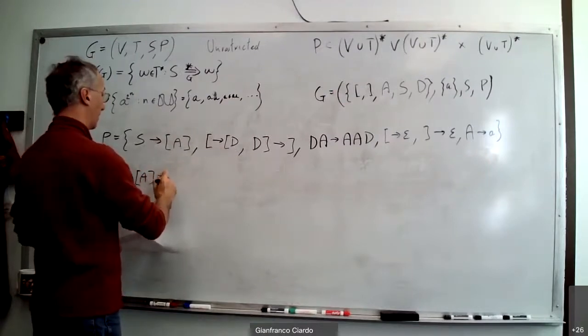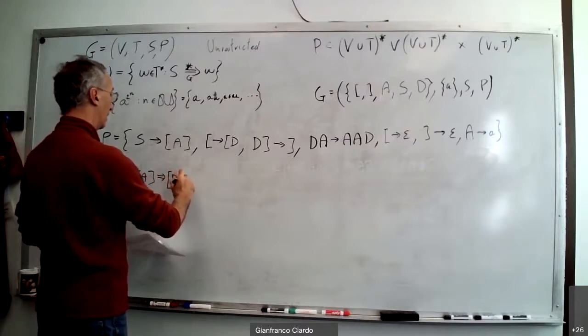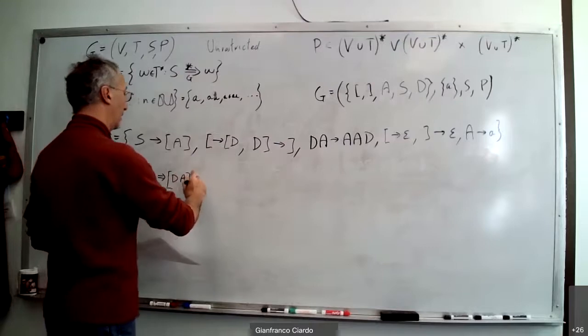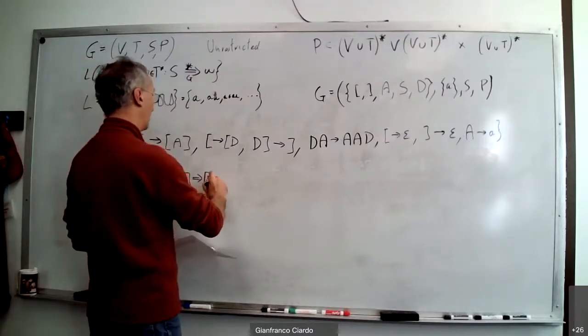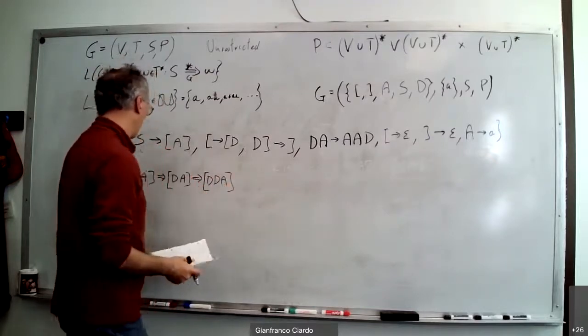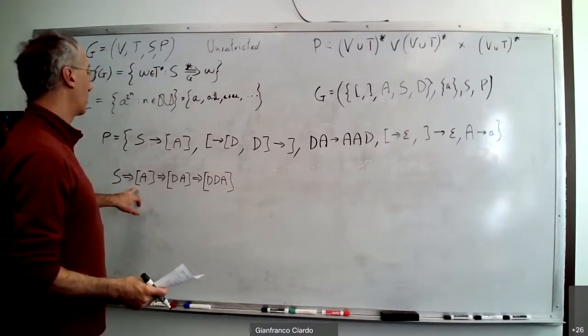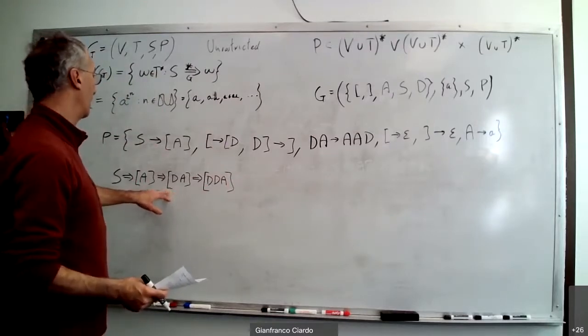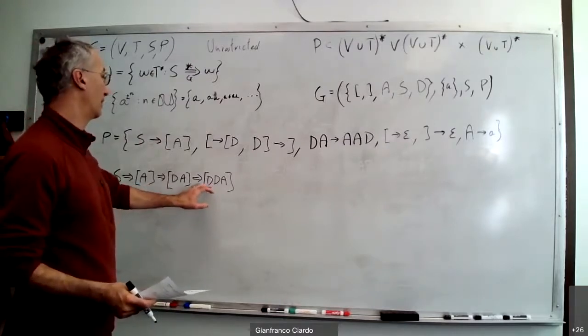So, for example, I apply left goes to left D, and then apply left goes to left D again. So now I have left D, D, A.